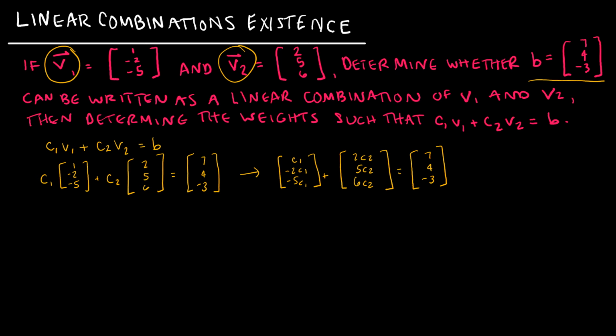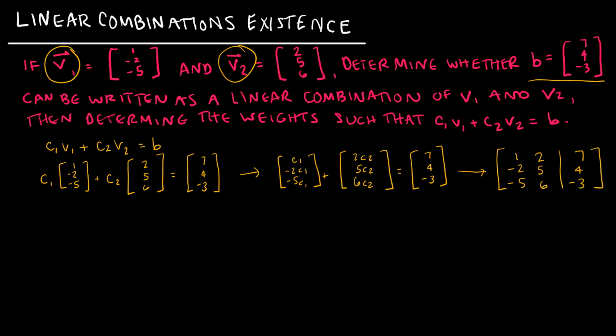Now keep in mind that this is just a system of equations, and I could write it as C1 plus 2C2 equals 7, and -2C1, etc., and I'm not going to do that. The reason I bring that up is because I know a system of equations can be written as an augmented matrix, so I'm just going to skip that step and go straight to 1, 2, 7, -2, 5, 4, -5, 6, -3.